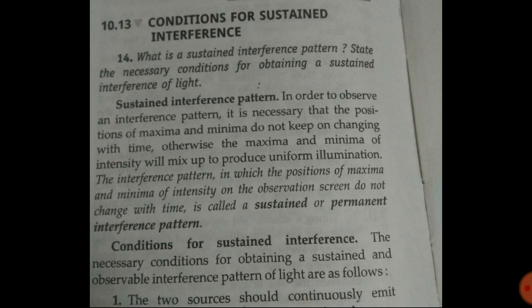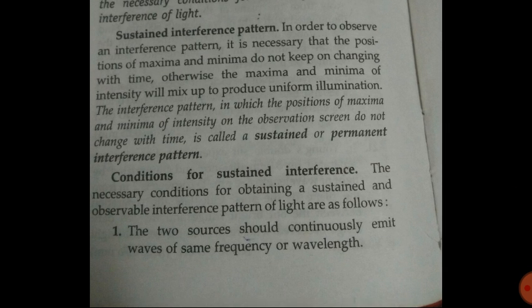So here is the definition of sustained interference: the interference pattern in which the positions of maxima and minima of intensity on the observation screen do not change with time is called a sustained or permanent interference pattern.